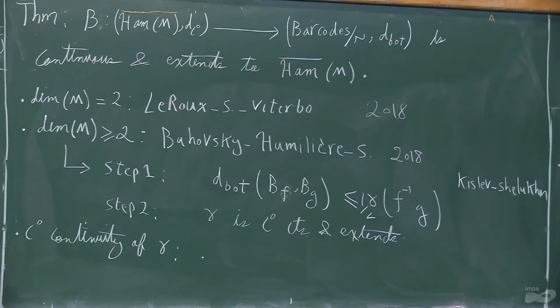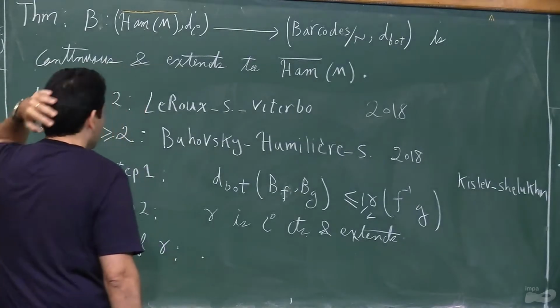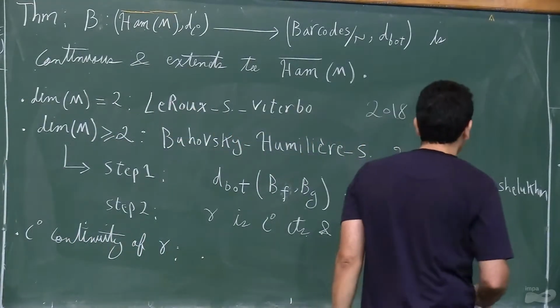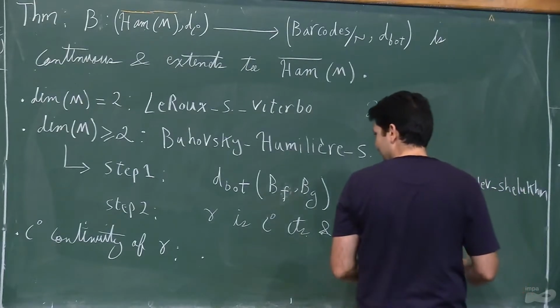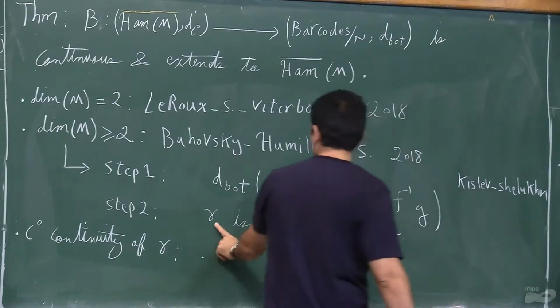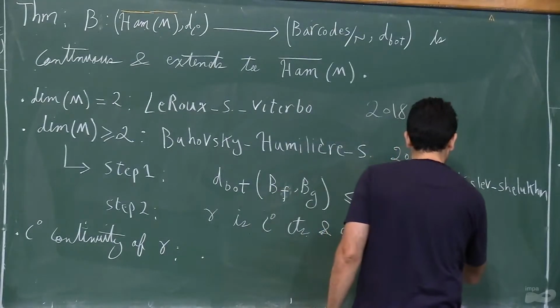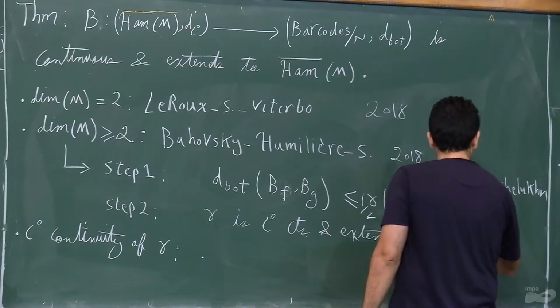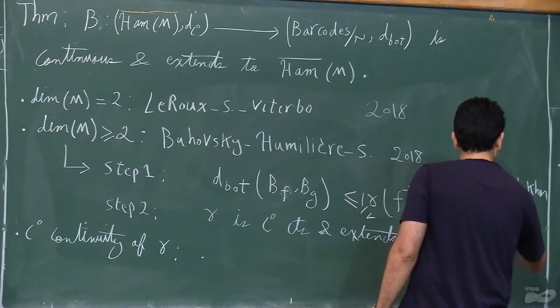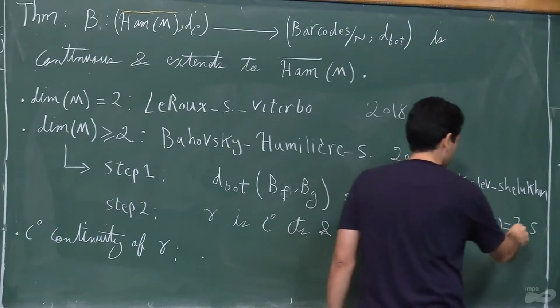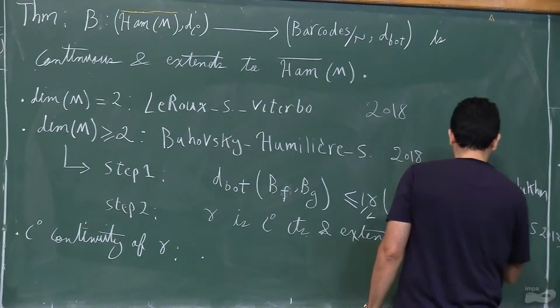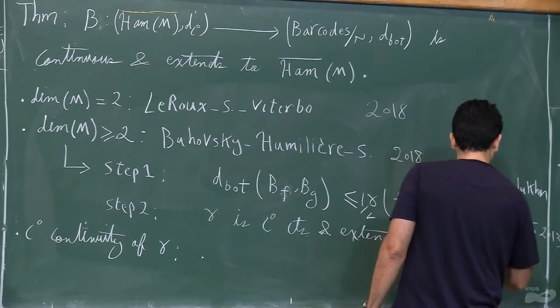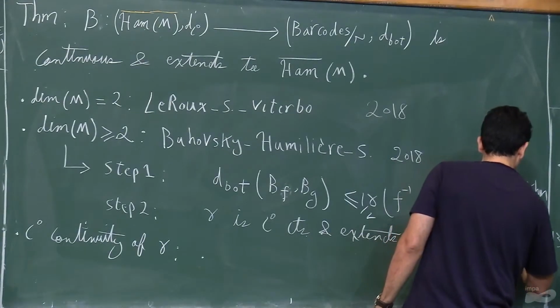Any other questions? Oh yeah, you're right. I don't think I've given a talk in which I didn't mess up citations, but okay, if I screwed myself over, it's not a big deal. This was proven first on surfaces by myself. If the dimension of M is 2, that was done by myself in my PhD thesis, so 2013, and then for dimension of M greater than 2, that's what we did in this BHS paper.